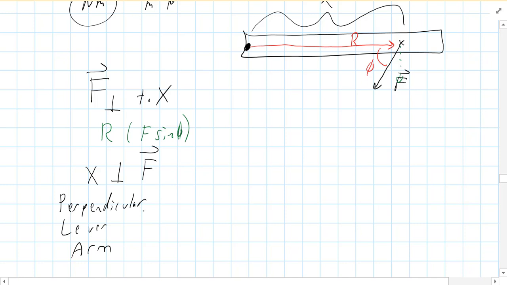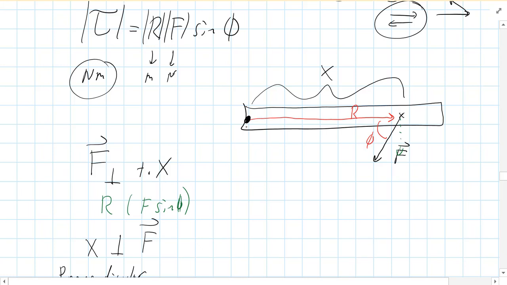So the perpendicular lever arm just means this. Imagine you have that force up there, and imagine it's part of an infinite line that keeps going forever. What is the shortest distance from our axis to that line? Well, that shortest distance would be this perpendicular distance right there.